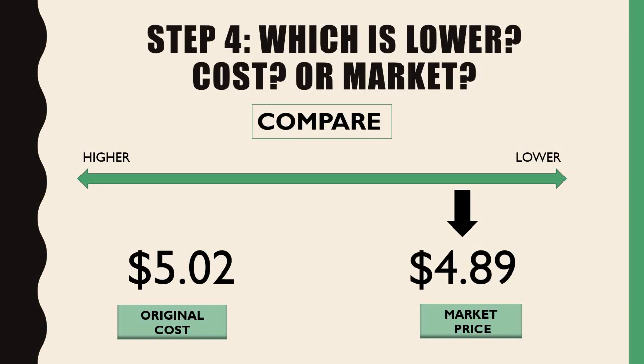It's now worth $4.89. So that's where you have to adjust your inventory, because here you lost money, because you can't cost it at $5.02 anymore. All right. Any questions here?